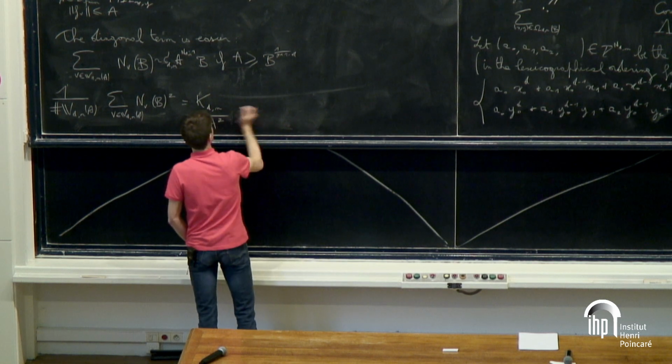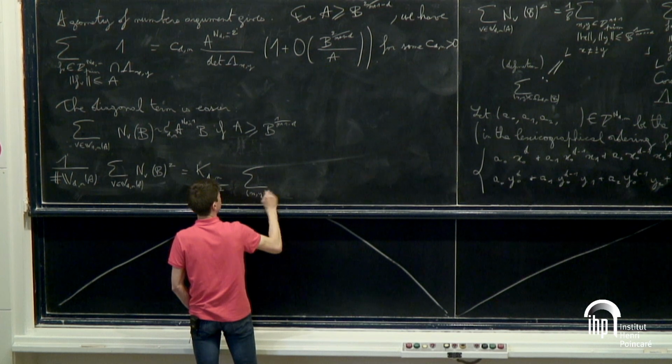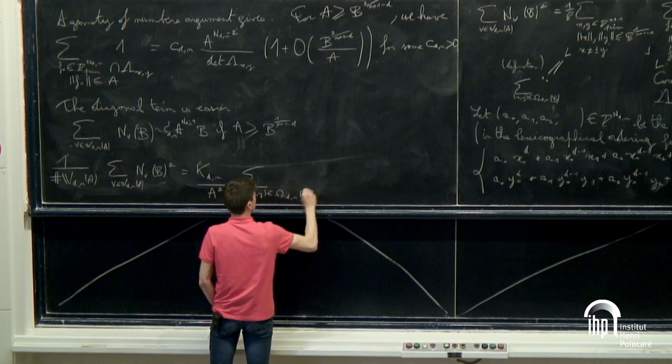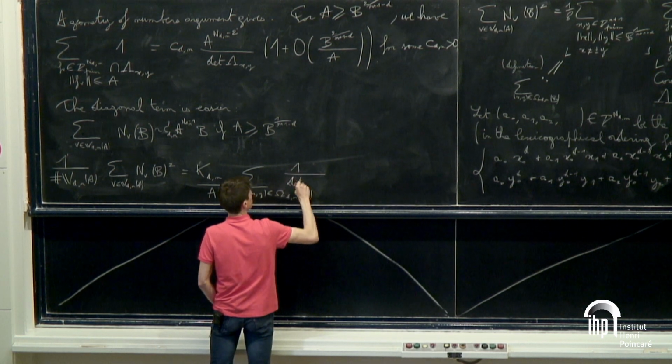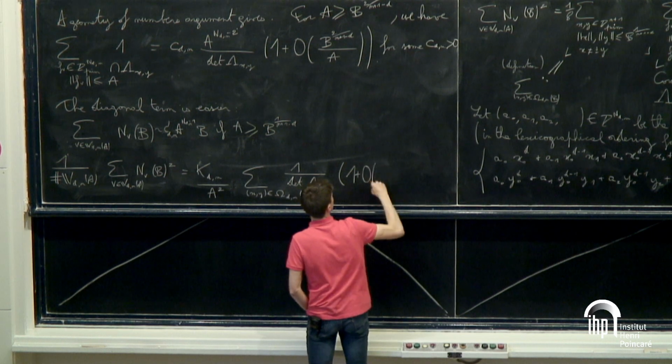And then there is the sum over x and y in what I called omega_dn(b) of 1 over the determinant of lambda_xy times the other terms.